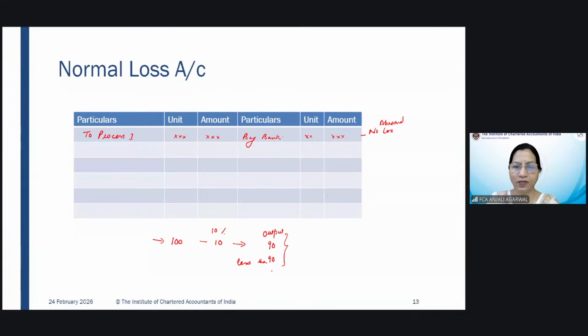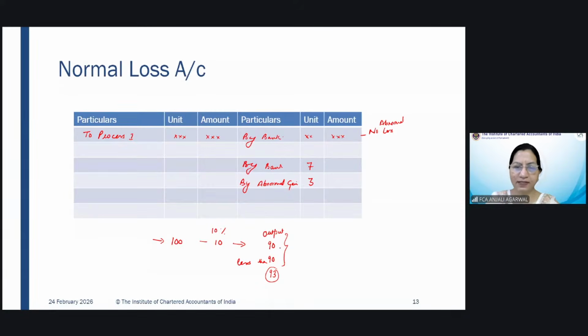But if the output is 93, then this will not hold true. Then by bank, you will have only 7 units and the balance 3 units are to be charged from the abnormal gain account. But in bank, you will have only 7 units to sell, not 10.